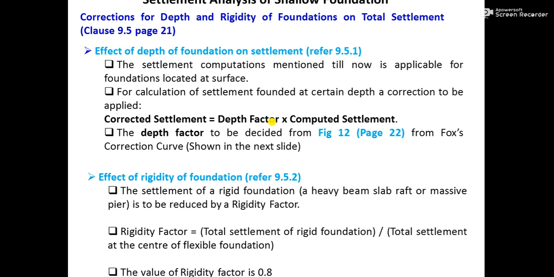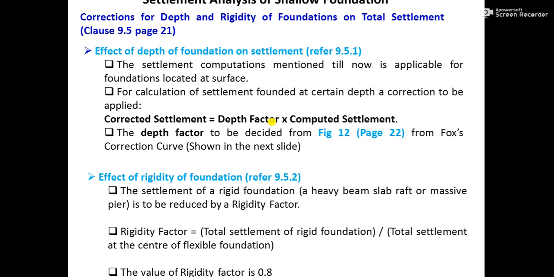The immediate settlement formula, as we understood earlier, is SI equal to P into B into 1 minus mu square by E into I. Whatever computed settlement you get using that formula should be multiplied by the value of the depth factor. Is it okay? This is your depth factor correction for immediate settlement calculation.